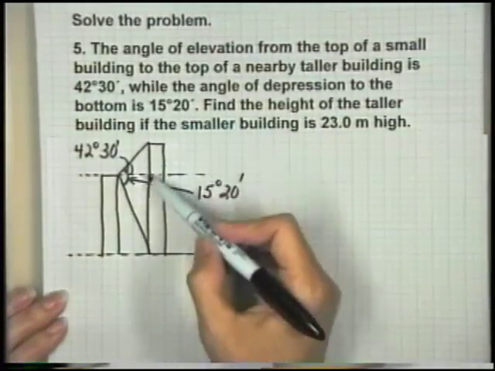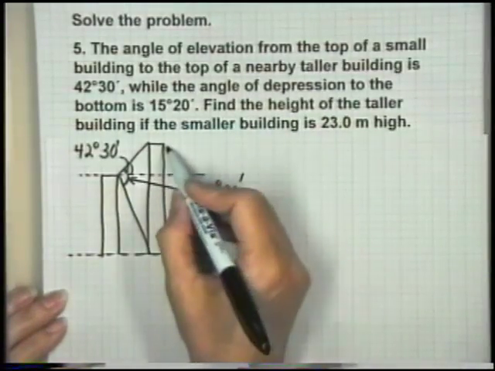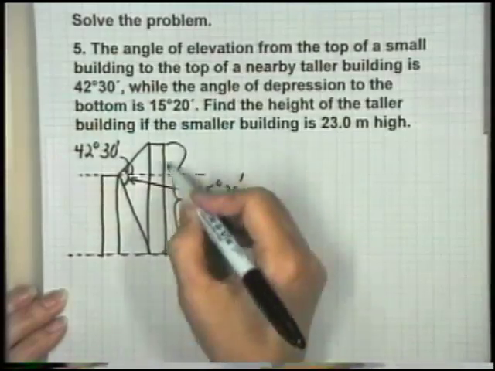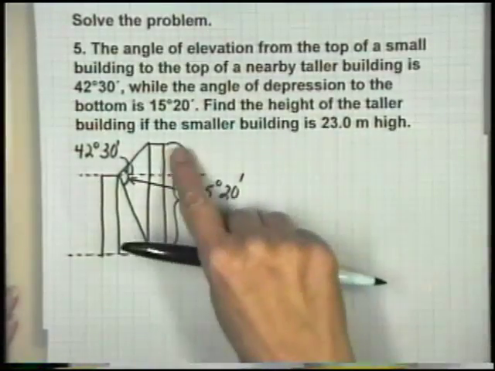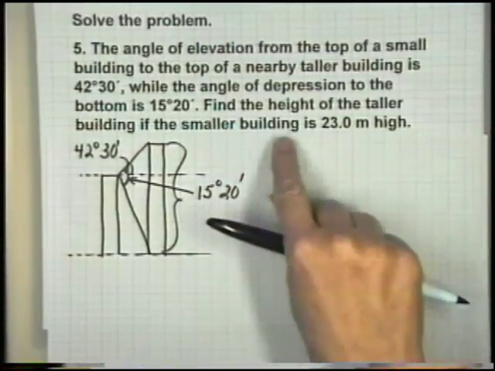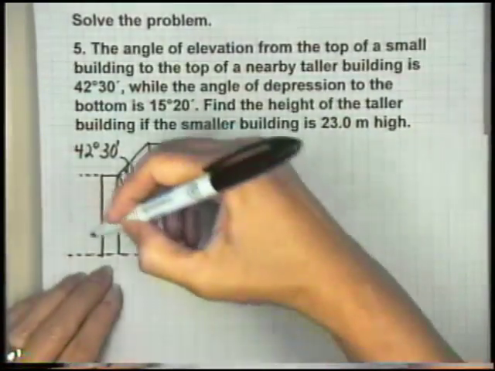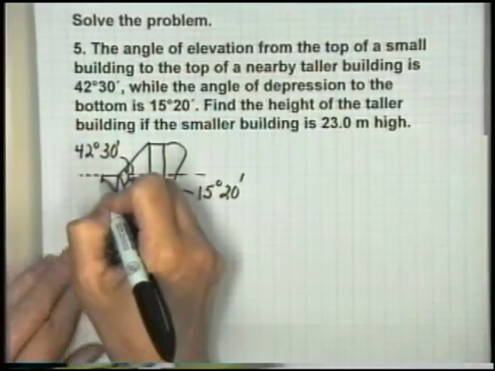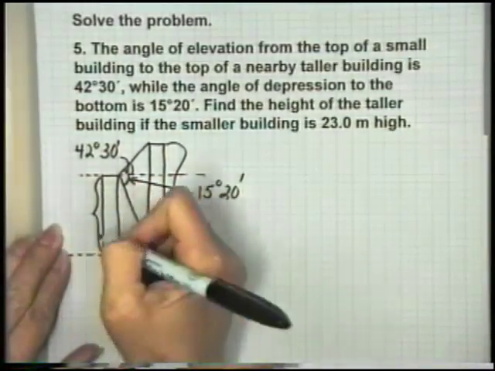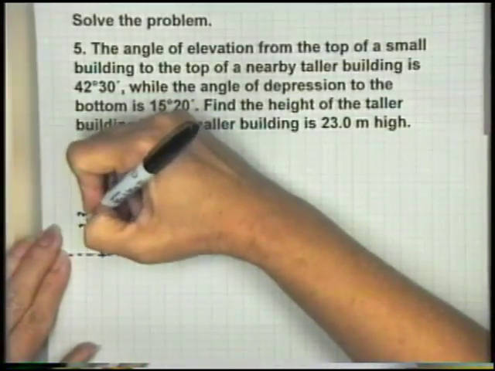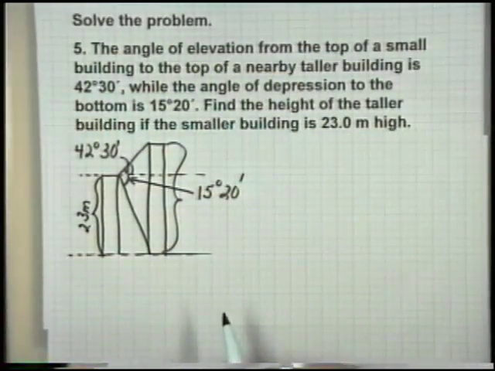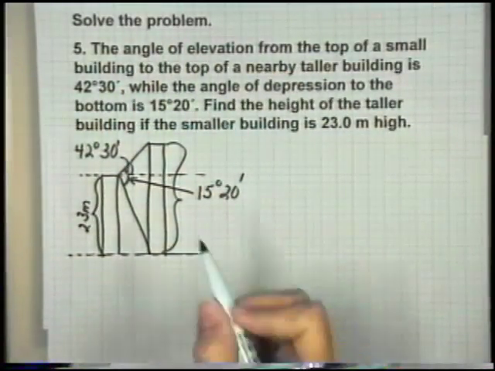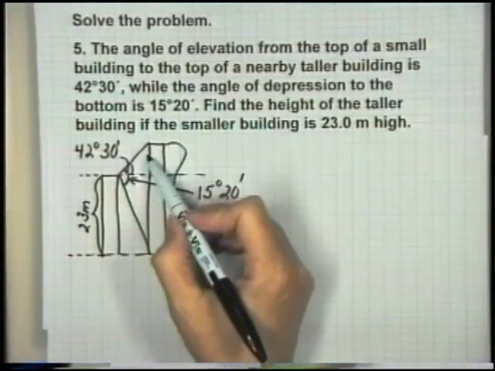Now the other thing is, I want to find the height of the building, and I'm just going to put it over here. This is what I'm trying to find, and I know that the height of the smaller building is 23 meters. So I know this height is 23 meters. Well, that kind of helps me, doesn't it? Let's see here.